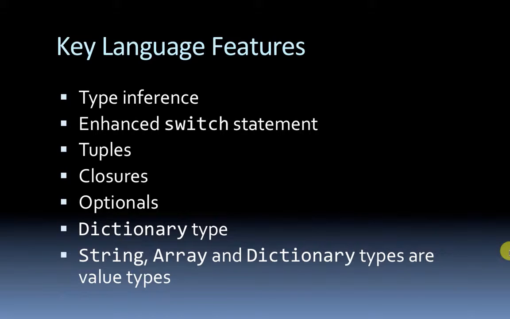Next, we have Swift's concept called optionals. Now, optionals are a way of expressing the fact that a given object may have a value at some point and may not have a value at another point.